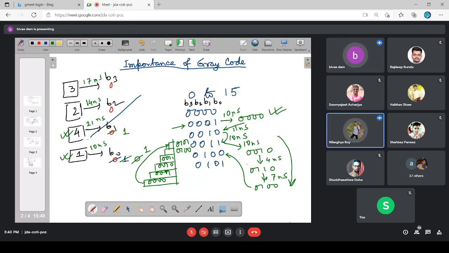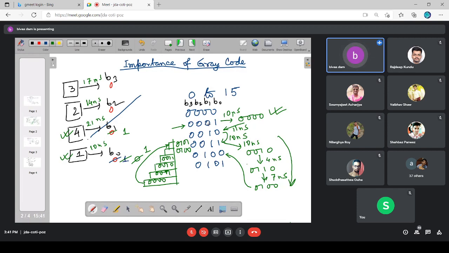So this, with the bare eye you won't be able to have an impression of that one. But you are working with digital circuitry, so there every nanosecond is important. So the circuit will definitely catch up these transient states and give some erroneous function in the later stages.